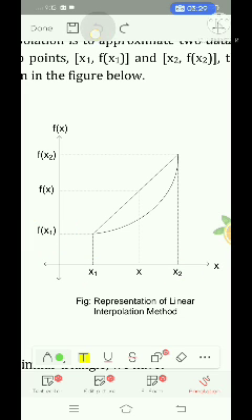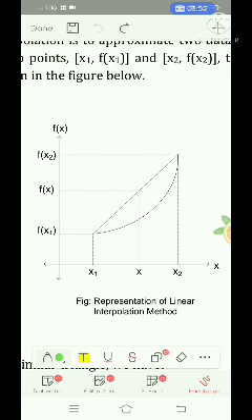If you recall from your analytic geometry, how are we going to make the equation of a line? There are lots of methods. You can use the point-slope, the slope-intercept, and also the two points of a line. You can make an equation from those.